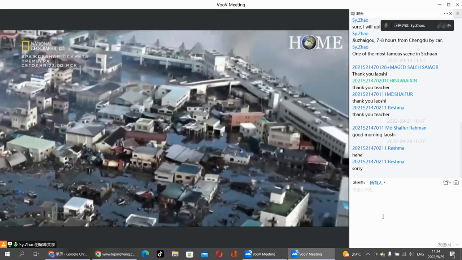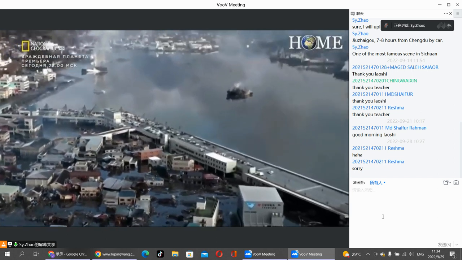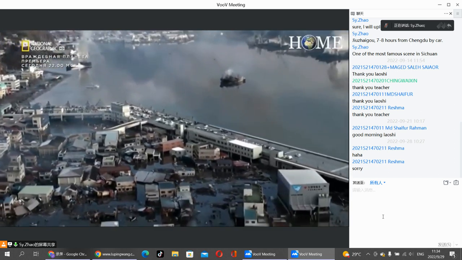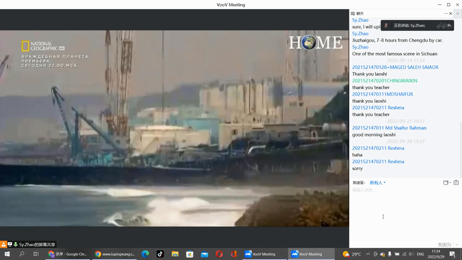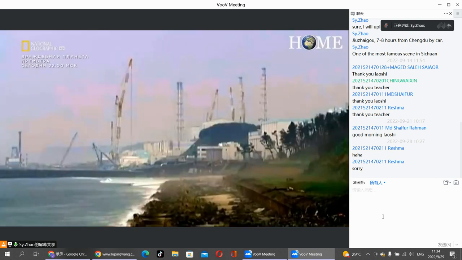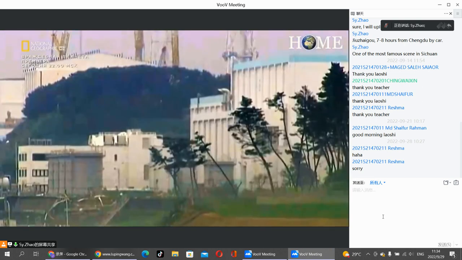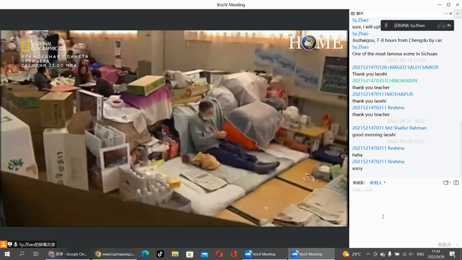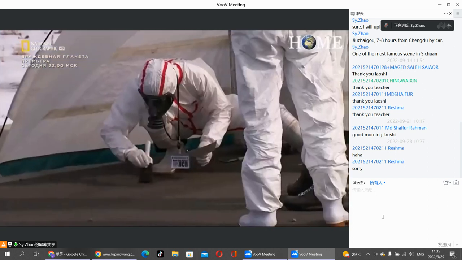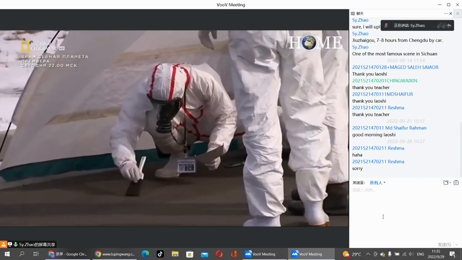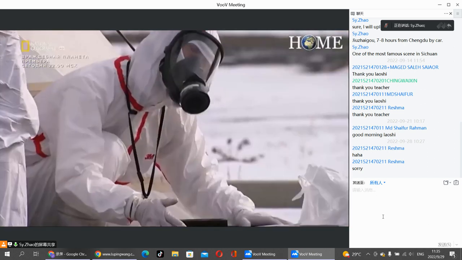It triggered a tsunami with 130-foot-high waves and killed nearly 16,000 people. It also caused a meltdown at the Fukushima Daiichi nuclear power plant, displacing more than 100,000 people and releasing radioactive materials into the air and Pacific Ocean that drifted all the way to the United States.